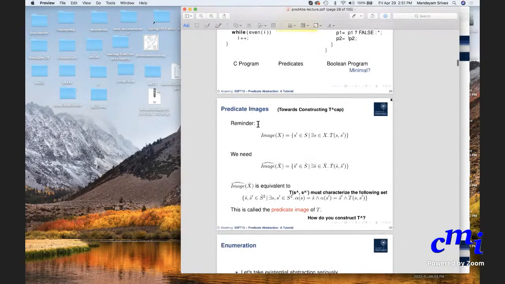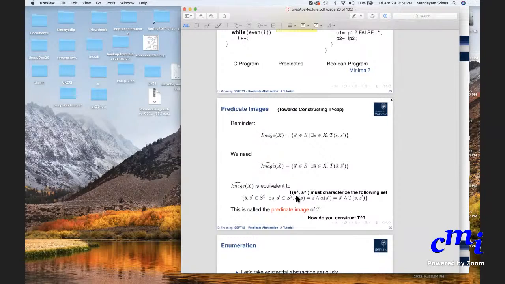So the idea is the transition relation T. The abstract transition relation should be T cap. The idea is how can we derive the formula that defines the abstract transition relation? That's the question that I'm addressing here.